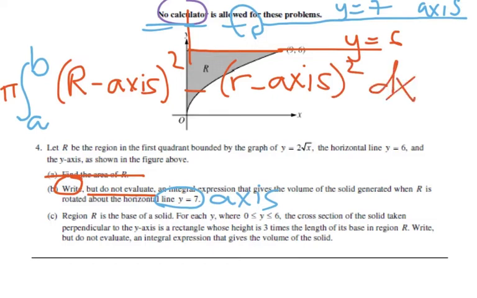Okay, because this is horizontal. If it's a vertical rotation, it's still big R minus the axis, but instead of that, it's going to be dy. So go ahead and copy down this function.